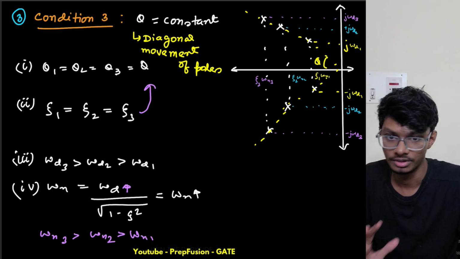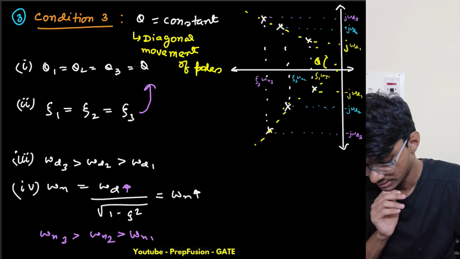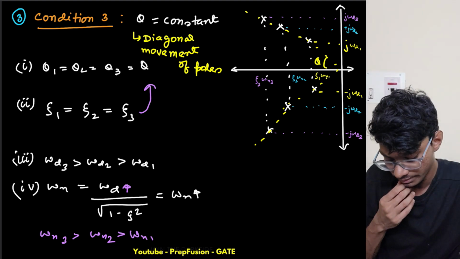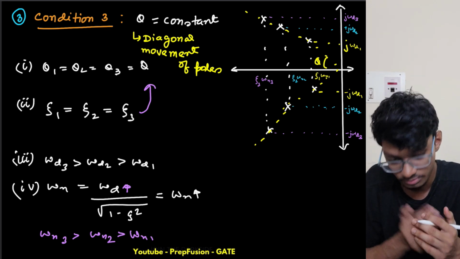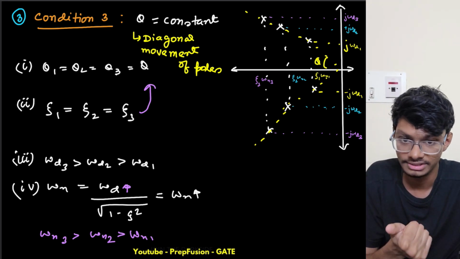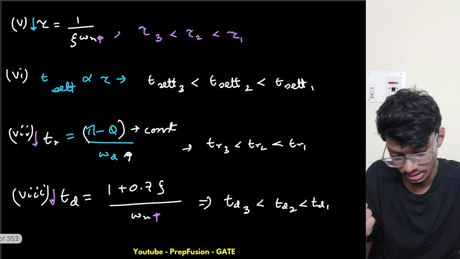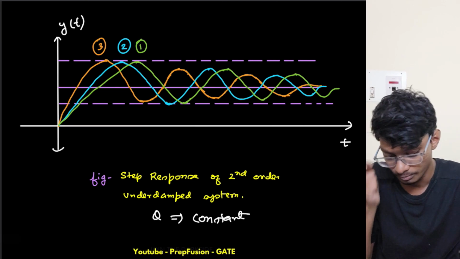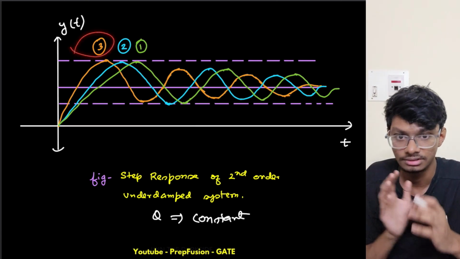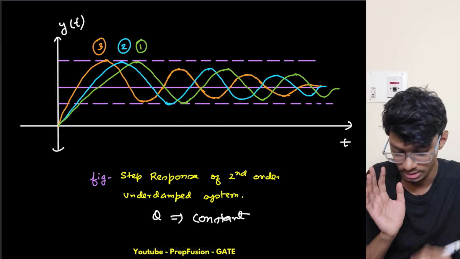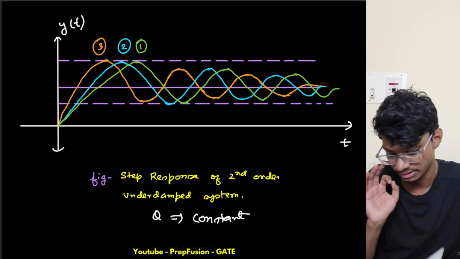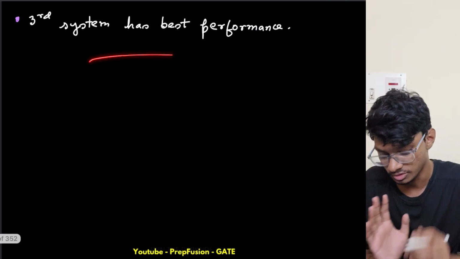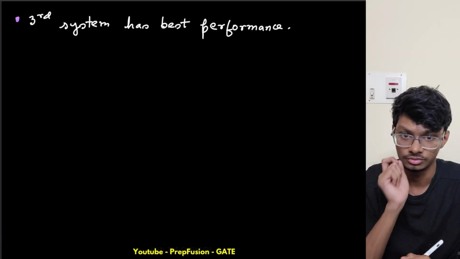Now, for this case, my zeta is constant because theta is constant, but my omega n is increasing and my omega d is increasing, right? So I compare the values, and here clearly I can see that the third system has the same peak overshoot and it has less rise time, less settling time, everything less, right? So the third system is best in terms of performance. That's why I will choose the third system here.